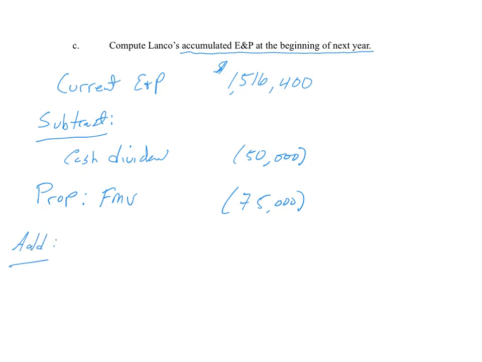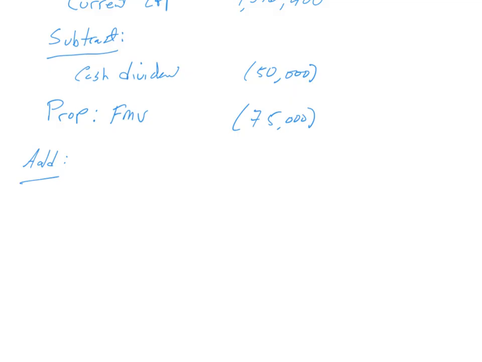Now we add the value of that mortgage, because when Lugnut assumes that mortgage, that's an economic benefit to the corporation. So we get to add that back. That's the $15,000 mortgage.